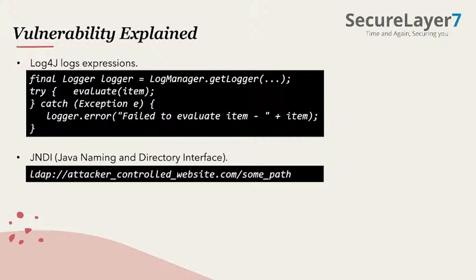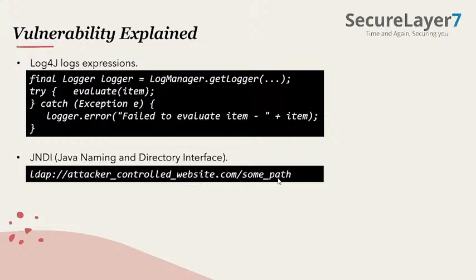Basically, if you have Java code or a Java object written somewhere on a remote location, you can just get the path of that Java object, and that object will be serialized and run in your JVM, right? That's the simple fundamental of JNDI. Here in the code snippet, you see LDAP with attacker-controllable website.com and some path.